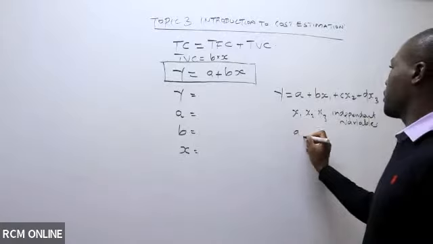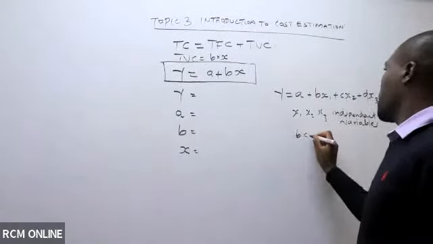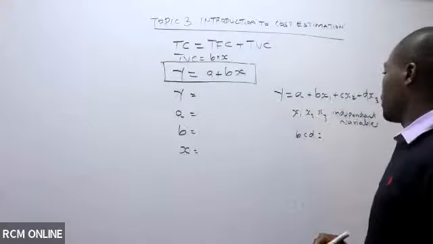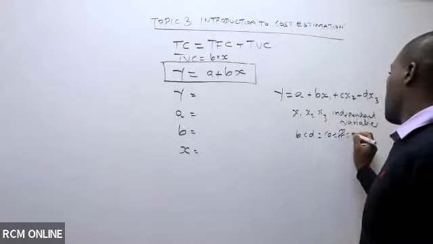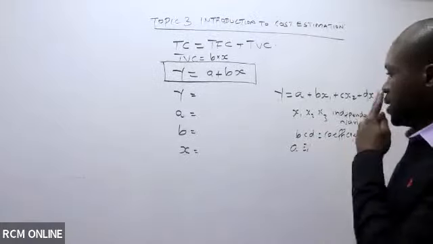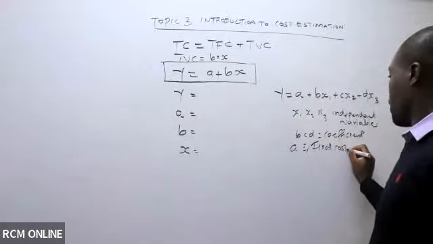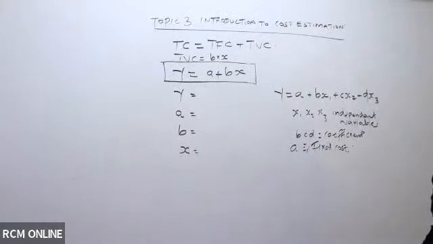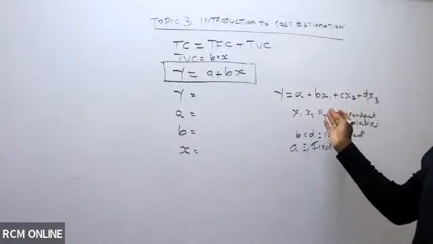Then A, B, C, D are constants or coefficients. Of course, we have A being independent. We call it fixed cost. So that's what you are going to deal with when you get to advanced management accounting.